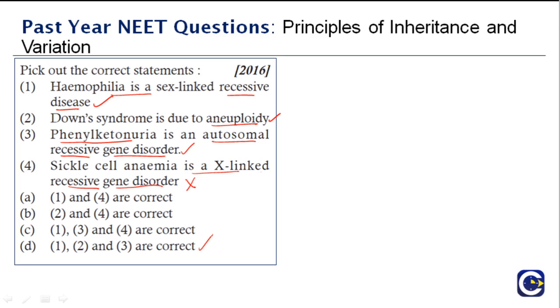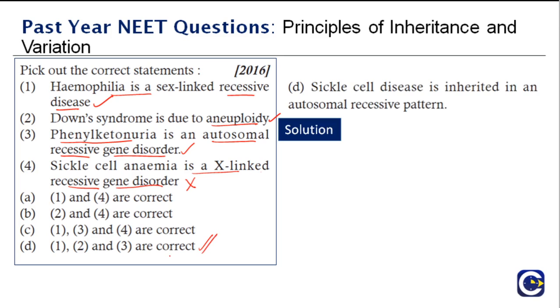So the correct answer will be D: 1, 2 and 3 are correct. Sickle cell disease is inherited in an autosomal recessive pattern. It is not a sex chromosome linked disease, and not an X-linked recessive disorder. So the correct answer here is D.